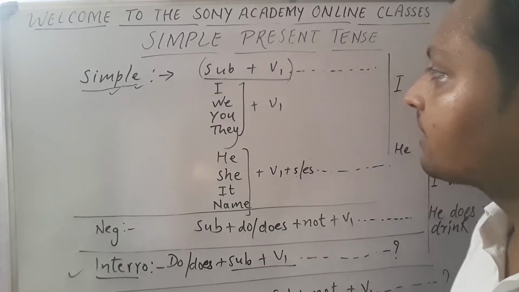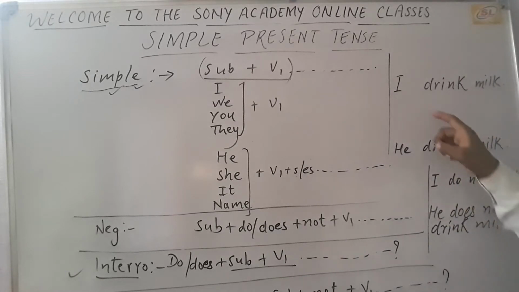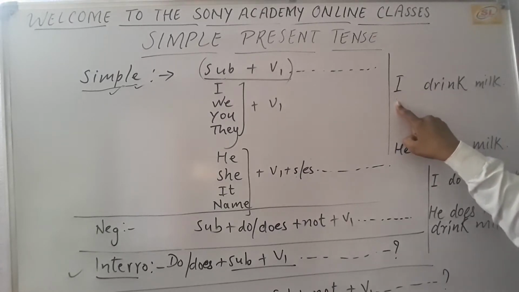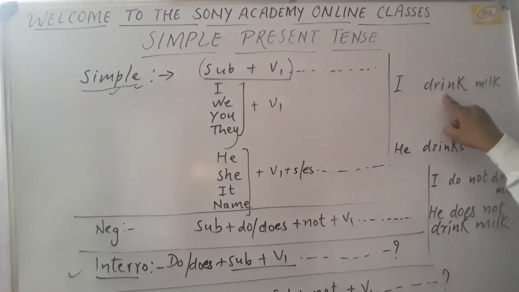So my dear friends, here is an example. I, which is the subject of the sentence, drink, which is the verb. I drink. Now you can add an object also.